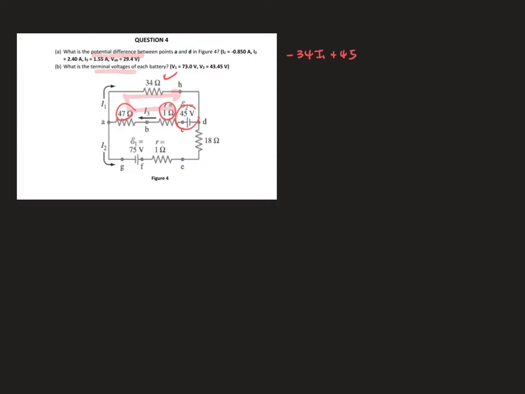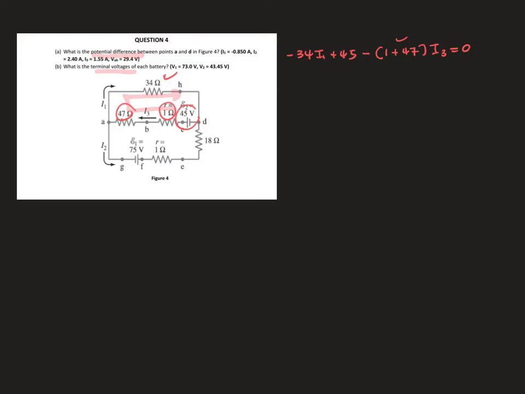So to make it easier for me to write, I'm just going to add up 1 plus 47 here, times I3. The reason I write it like this is that it's much easier and much safer, because I'm not likely to forget a resistor. This is only 2 resistors, but you can actually have 5 or 10 resistors, depending on the question.